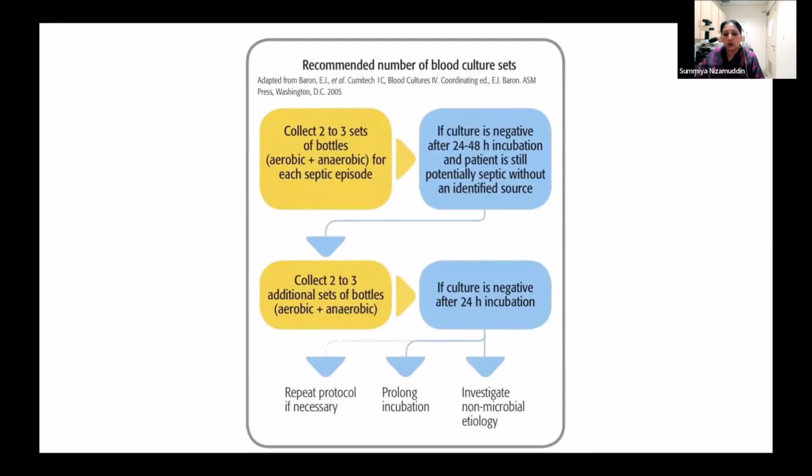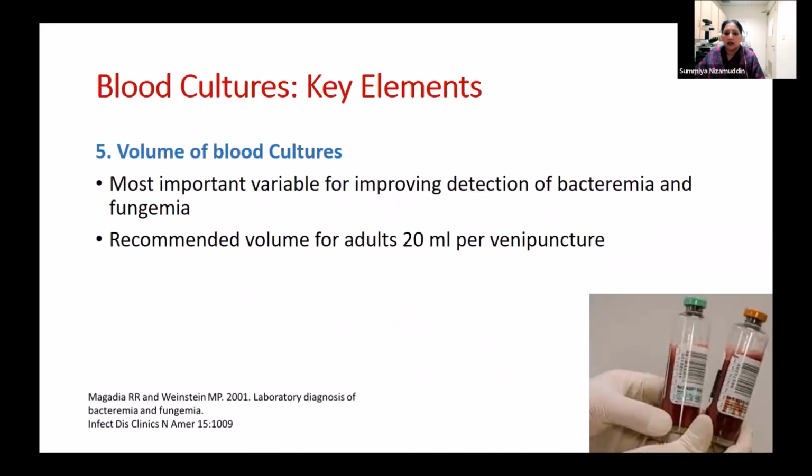And if following that the blood cultures are still negative, then you need to look at other causes of infection, or you could ask the lab to prolong the incubation of those blood cultures, because हो सकता है कि उसमें कोई slow growing bug हो, or you might actually need to repeat the entire protocol once again.